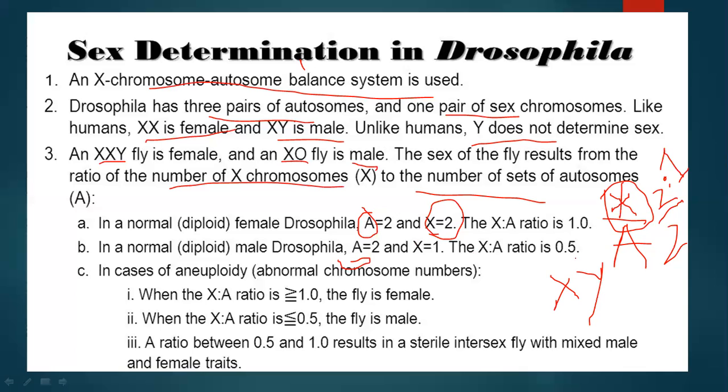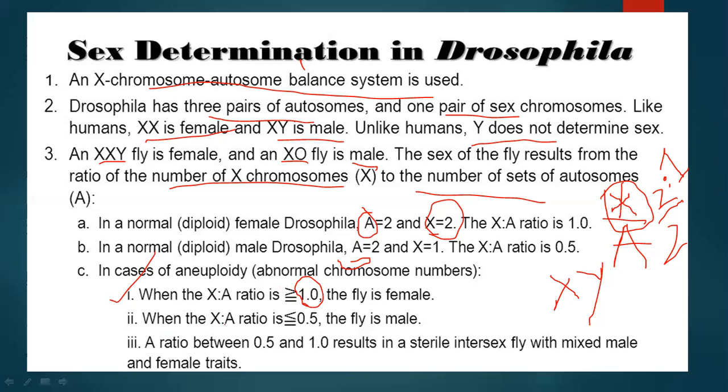In case of aneuploidy, there are abnormal chromosome numbers, meaning X chromosomes are 3 or autosomal sets are 3, so that can differ. But the main thing is that if the X to A ratio is greater than or equal to 1, the fly will be female.